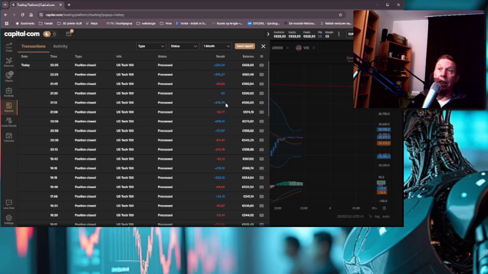Then a €16 profit, a 0 exactly at the stop loss, okay, a 9-cent loss, and then twice again at the same time opened, and those were lucky again, both positive and brought in a nice profit for us in total.